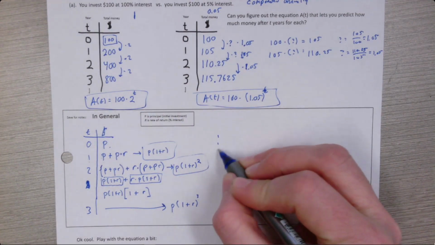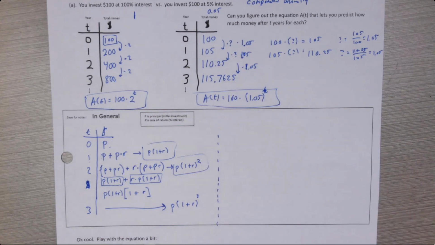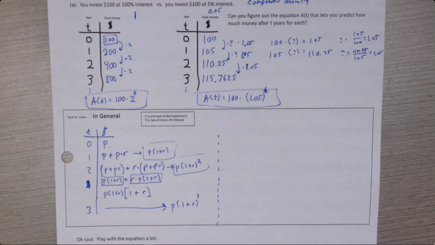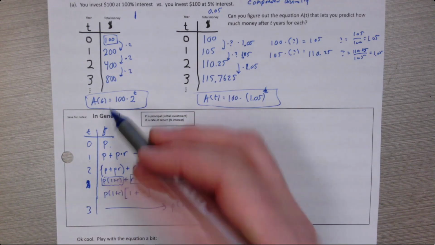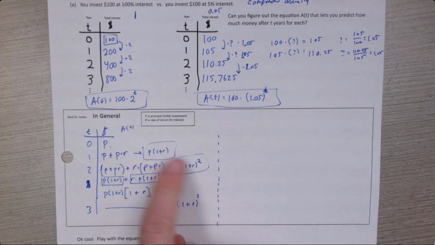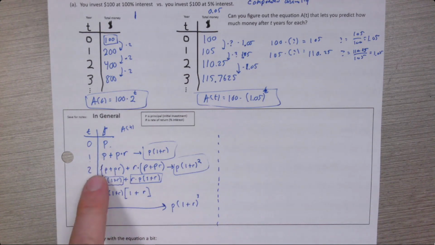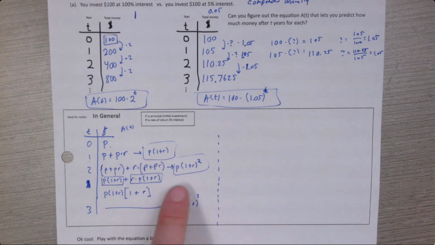Let's justify this using a strategy called induction. So we showed just using algebra that the function A of t here has this form for the first couple values of t. So it has the form something times something to the something power.